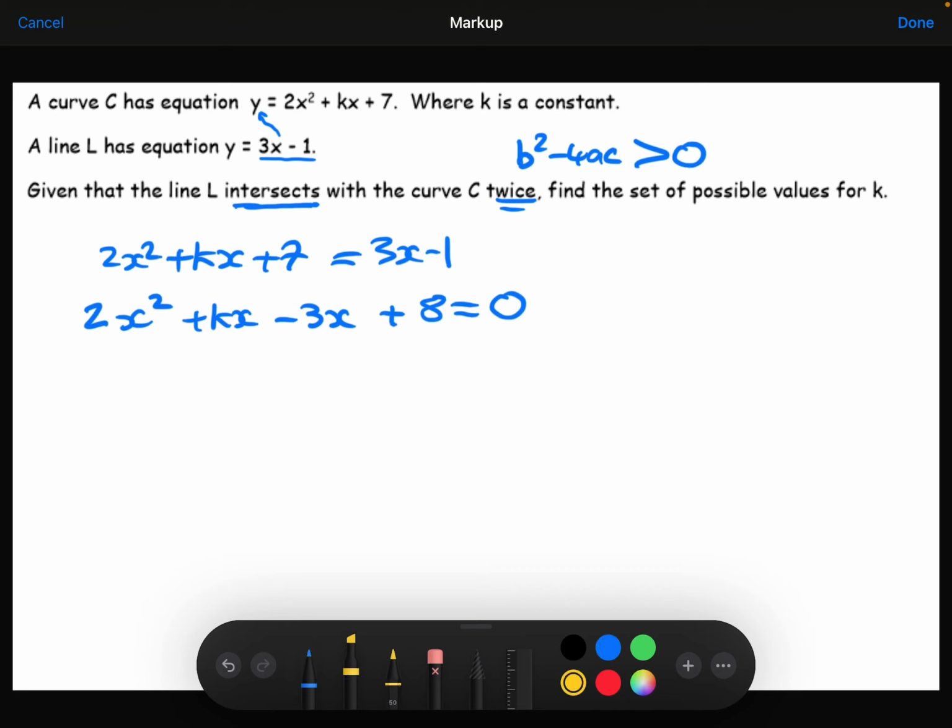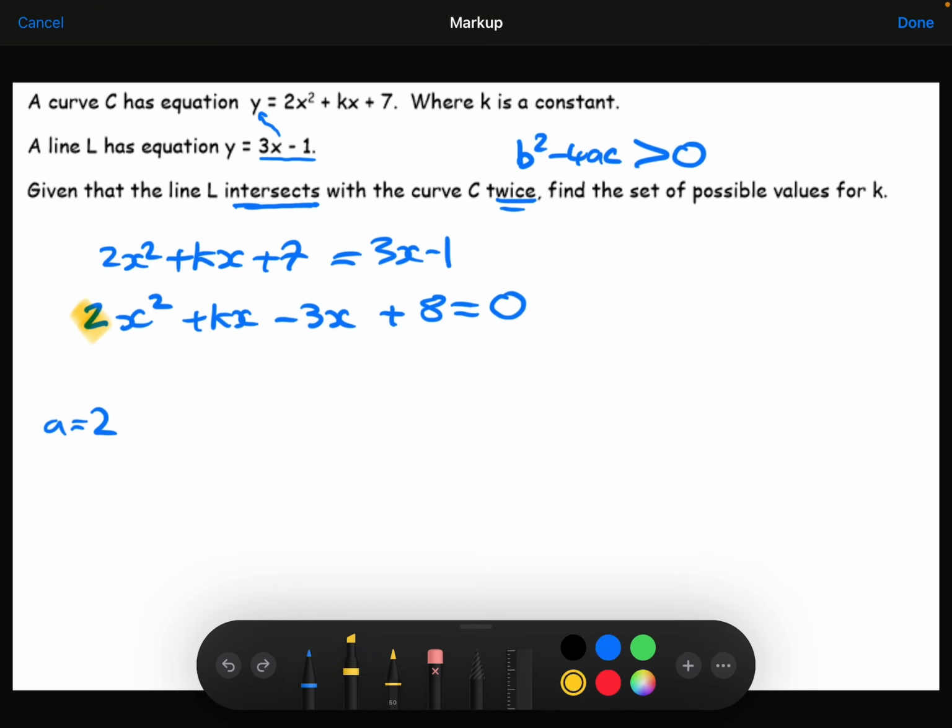So let's see. My a is 2. Now, the b is the coefficient of the x term. But you'll notice here that I've got two x terms. So what we must do is factorise that x outside.